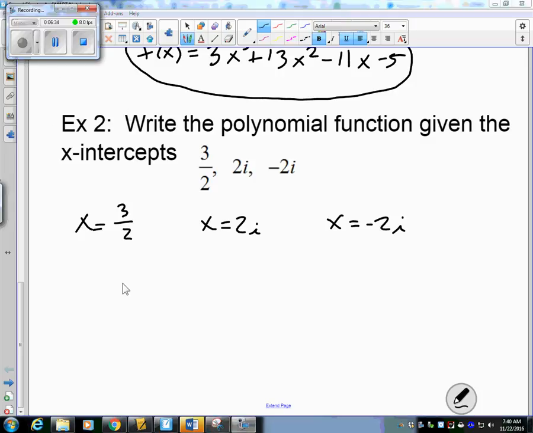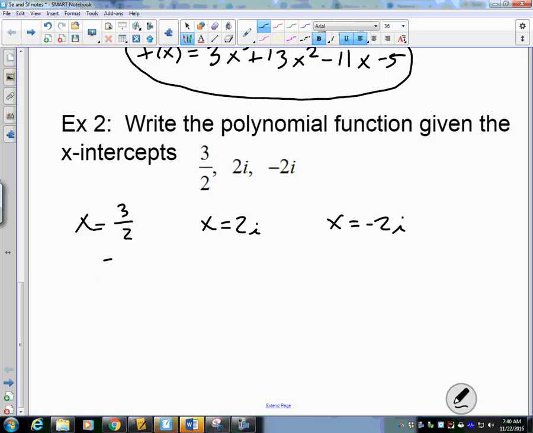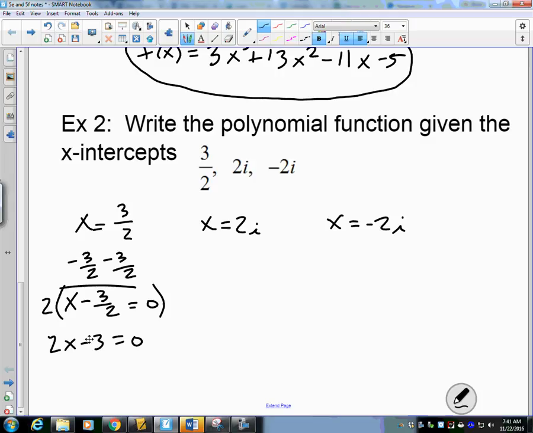So subtracting 3/2 from both sides of the equation. And then we have to multiply both sides of the equation by, I just multiply by the denominator. Multiply by 2, distribute it in, we get 2x minus 3 equals 0. So 2x minus 3 is one of my factors.